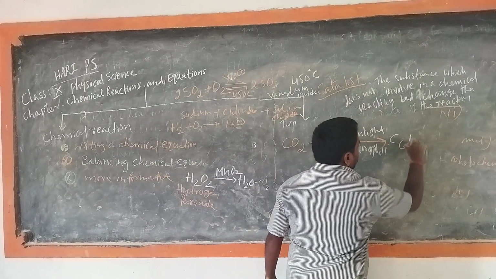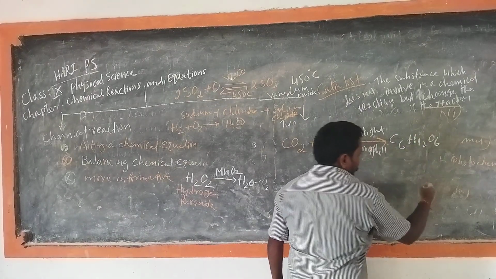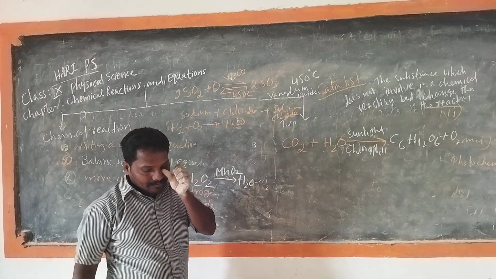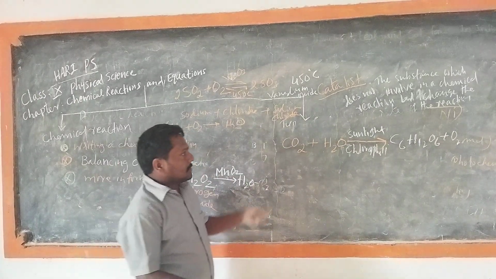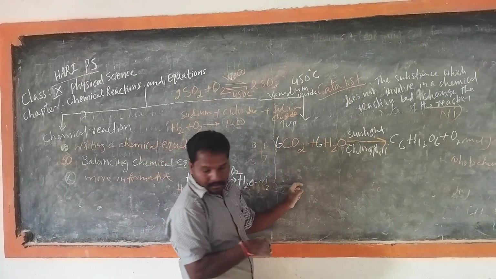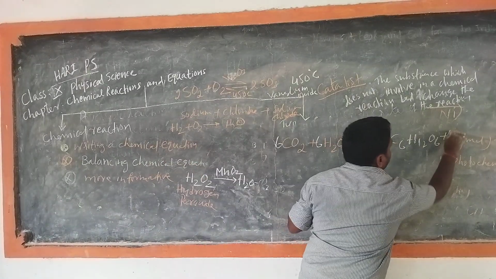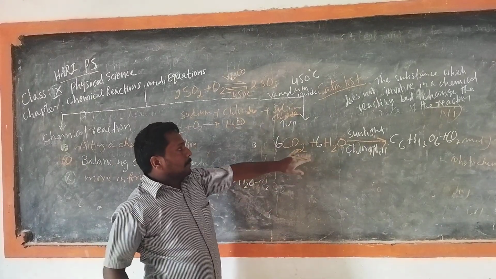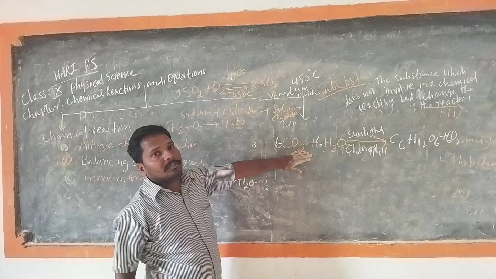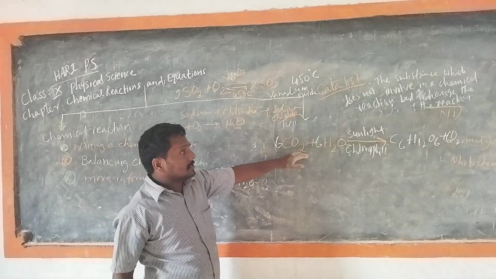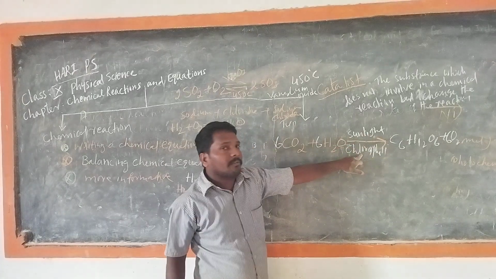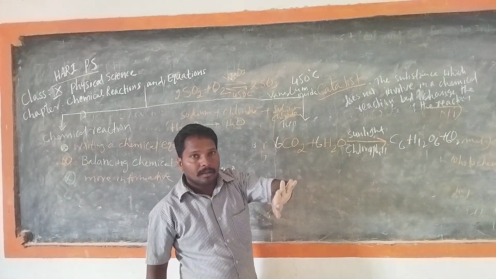Then it gives C6H12O6 plus oxygen. The balanced equation is 6, then 6. Photosynthesis takes place in the presence of sunlight and chlorophyll. Sunlight and chlorophyll are particular conditions.